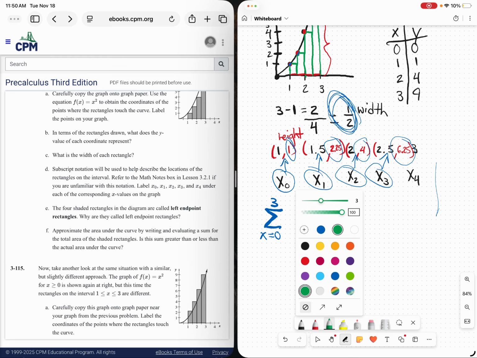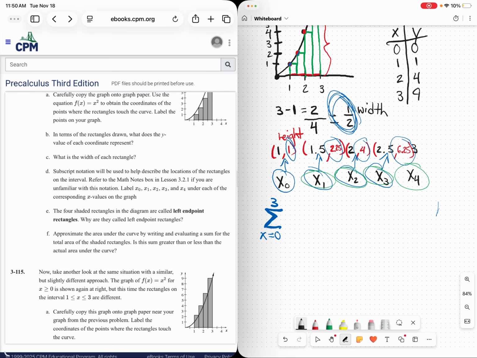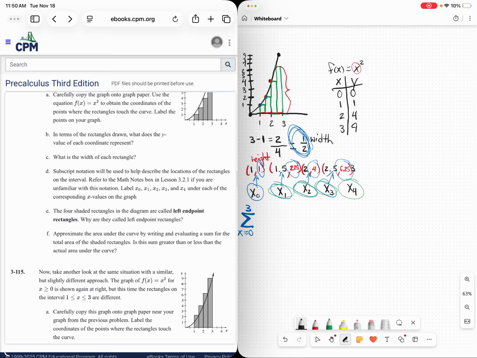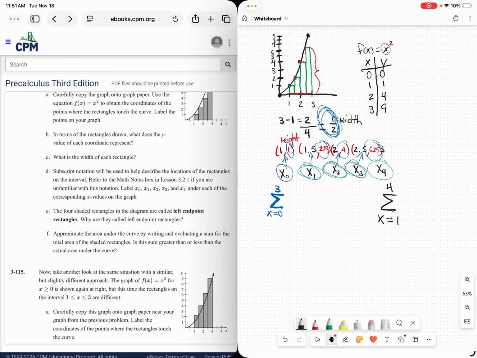So you would go from here, 2, 3, 4. So from the left is always going to be 0 to just one less than the number of rectangles. Okay? If it's from the right, it's going to be from 1 to the number of rectangles. So we'll come back to this here in a second. But from the right, it's going to be x equals 1 to 4 for this problem.